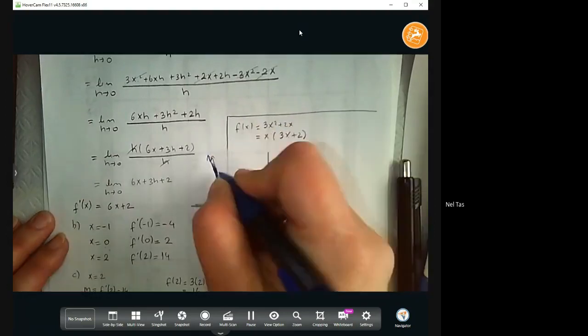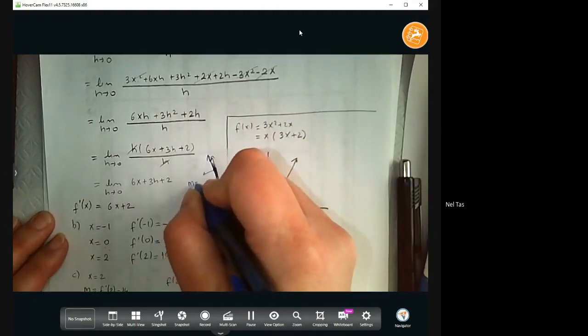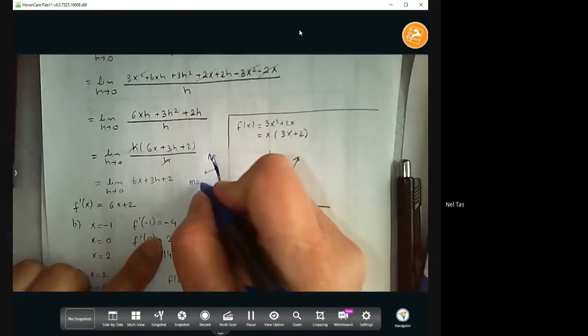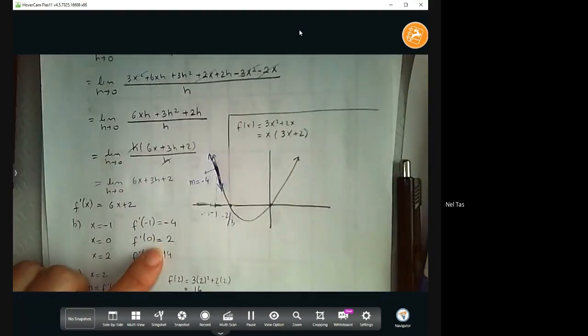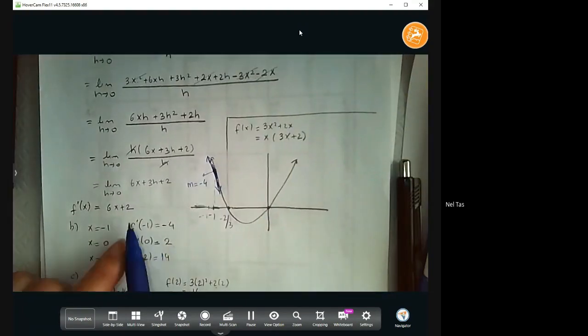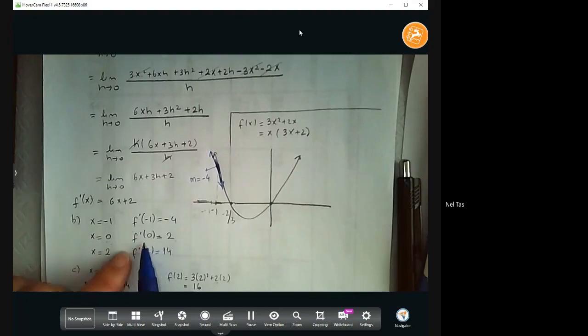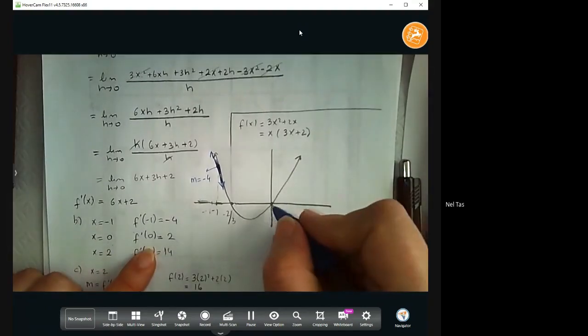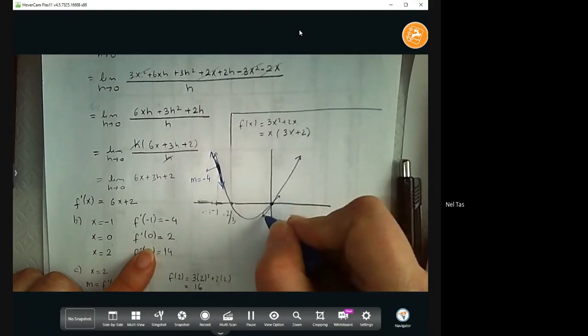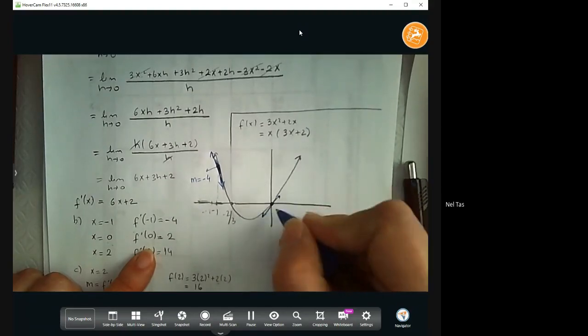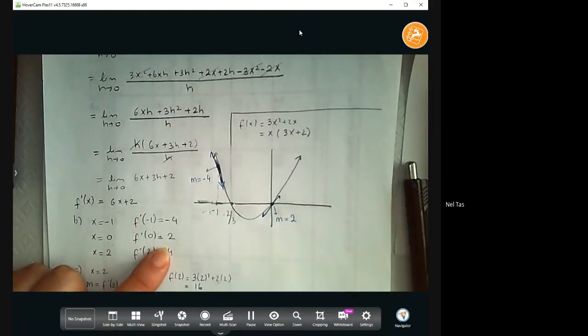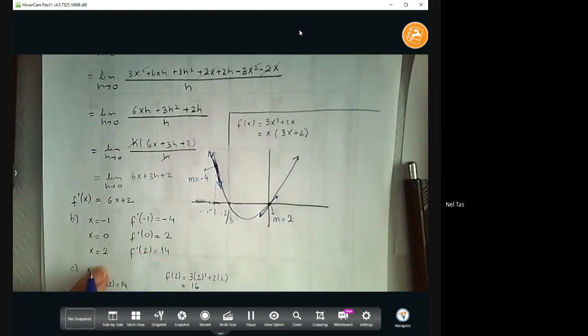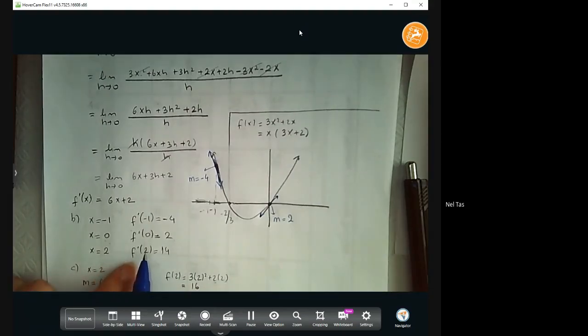The slope of the tangent, we got -4. We also found the slope of the tangent at x equals 0. If you draw a tangent at x equals 0, the slope of this is 2. We also found the slope of the tangent at x equals 2.